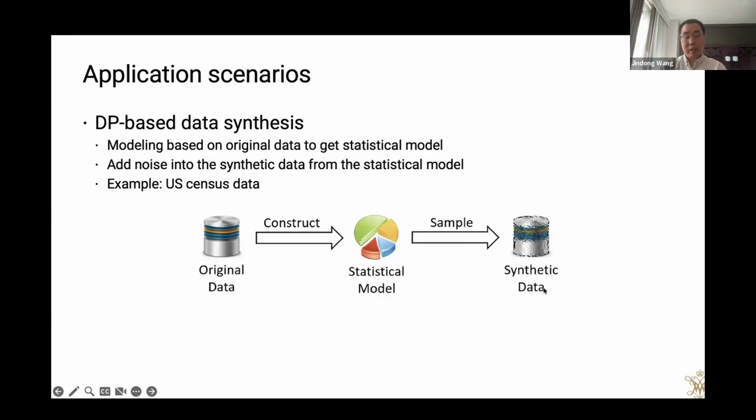So the synthetic data is not from the real data. It's synthetic, but it is a reflection of the true original data, like the two distributions are very similar. So you can do a lot of things based on the synthetic data. By the way, synthetic data or data augmentation is still one of the most popular research directions in the area of large language models. We can count on synthetic data to train powerful reasoning models these days.